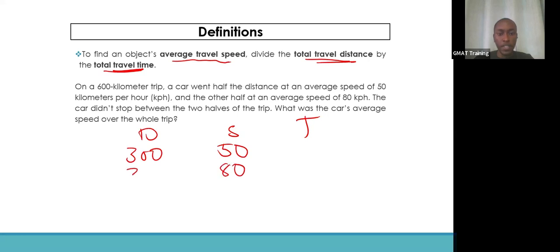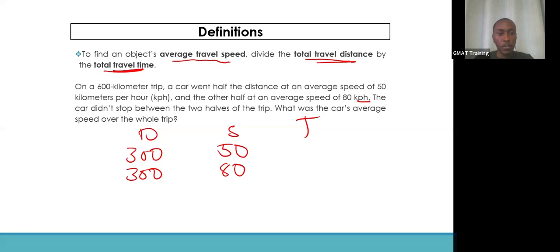We're dealing with kilometers per hour, and a kilometer trip, so the units are good. So be careful with the units in case you have meters or centimeters or seconds or minutes.